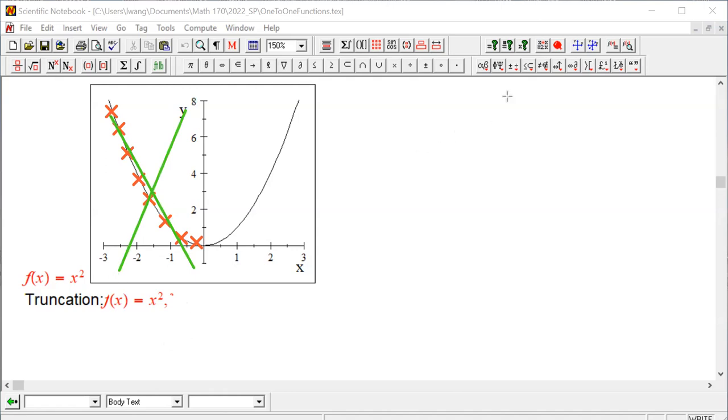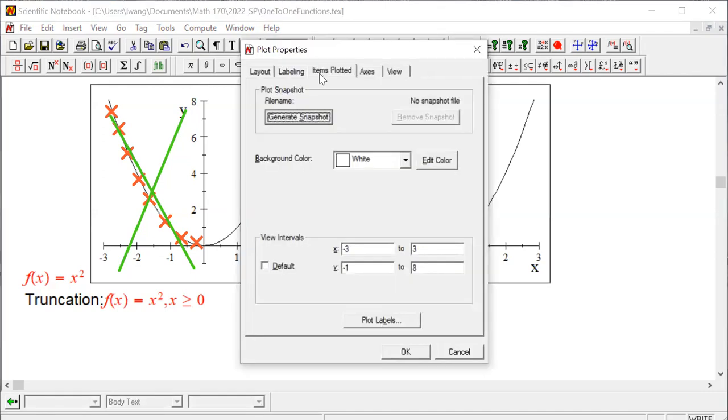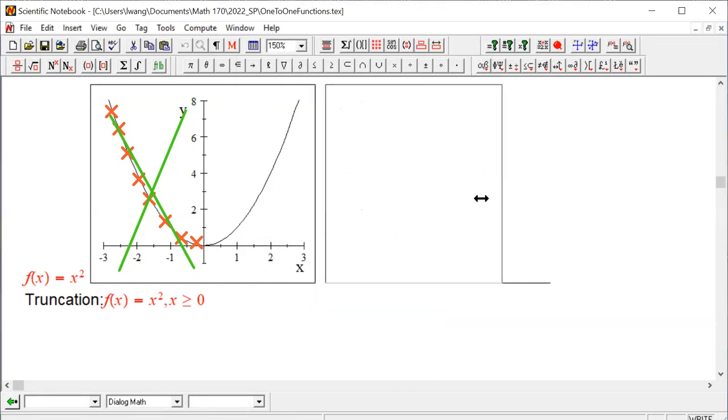By cutting this off, what does that mean? I'm restricting the input to be only greater than or equal to 0. So what do I have now? As a consequence, I have a new function, just one piece.